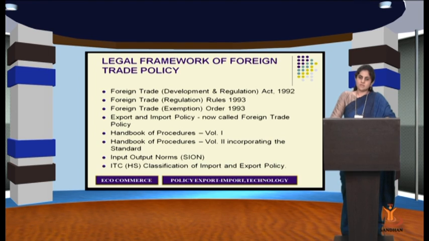Now, if you have a glance at the handbook of procedure volume 2, this handbook 2 consisted of standard input output norms notified by the DGFT for the purpose of issue of licenses under the duty exemption scheme. These have been periodically updated by the committees set up by the organizations and by the governments.